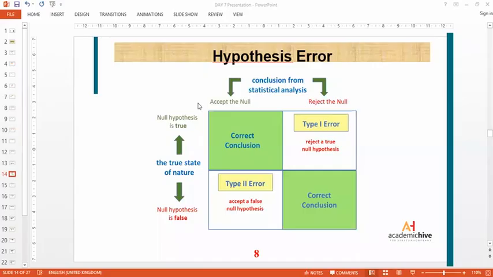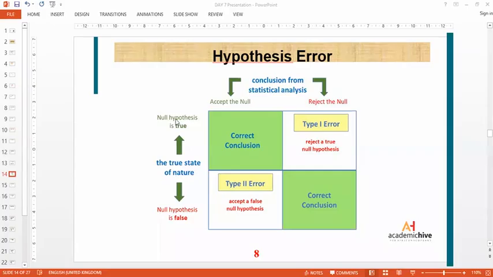But let's see. By the side here, what do I call this? Do I call this column? Yeah. So by this side, I hope you can see my cursor. By this side of the screen, by the left corner of the screen, is the true state of nature.